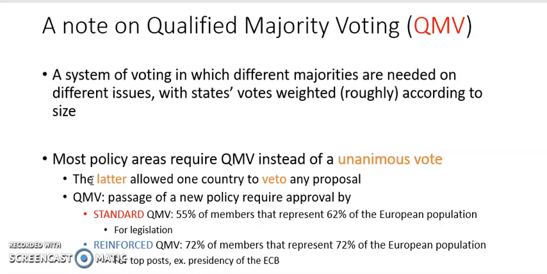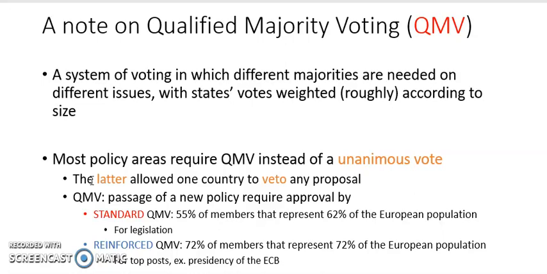For instance, if there were 100 members, 50 plus 1 would count as a simple majority. But here it's a qualified majority, a different kind, and the votes are weighted according to the size or the population of that particular member state.